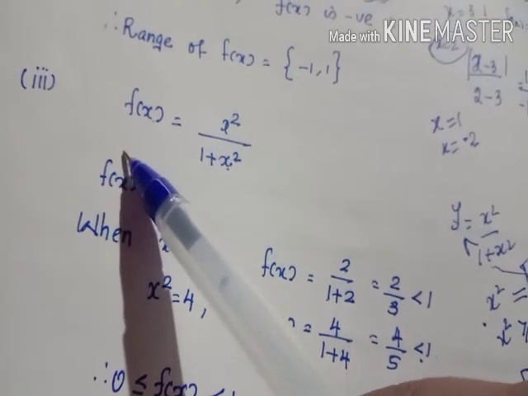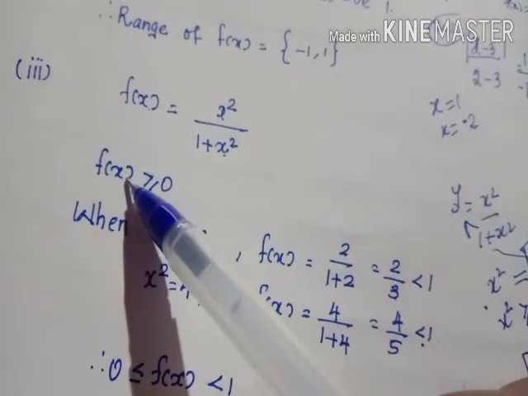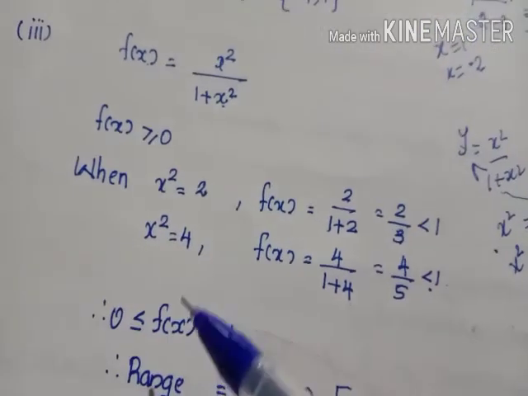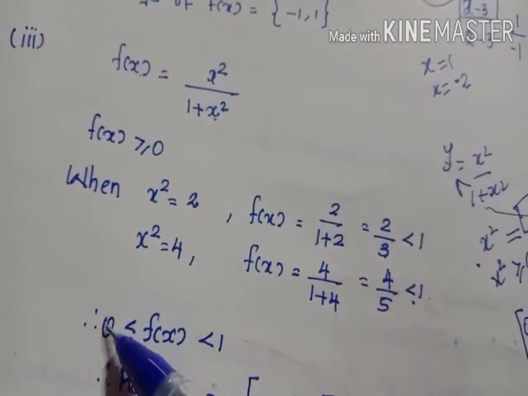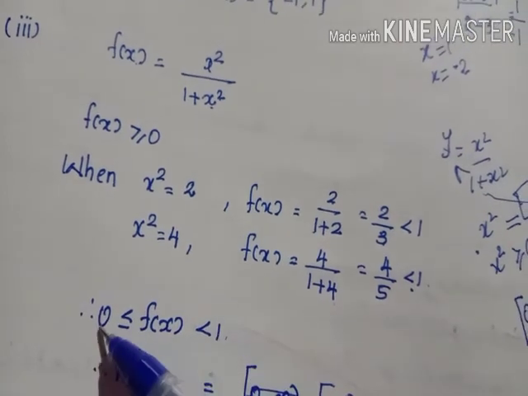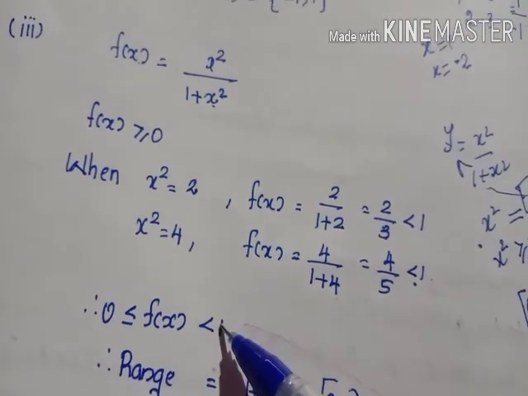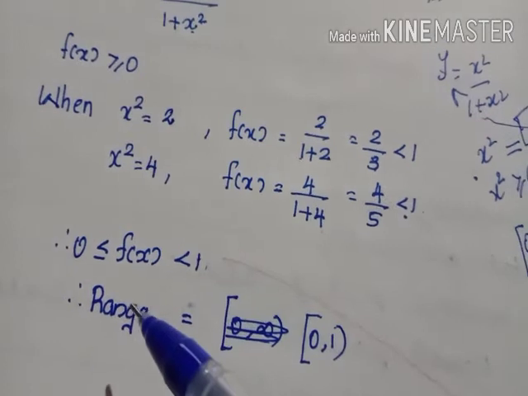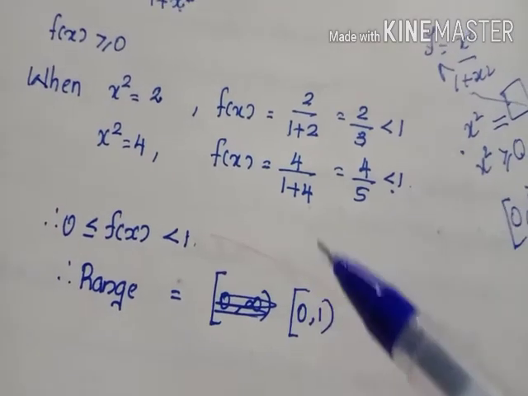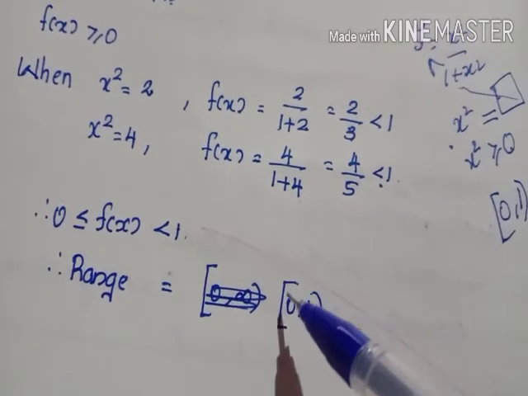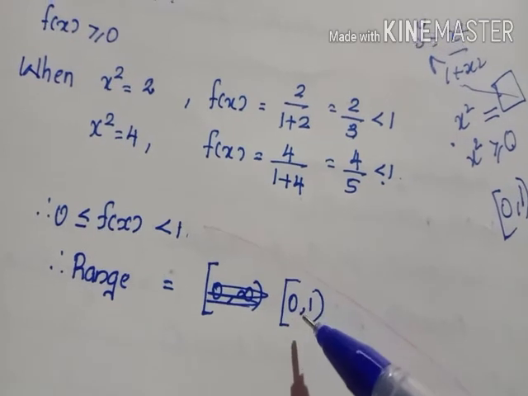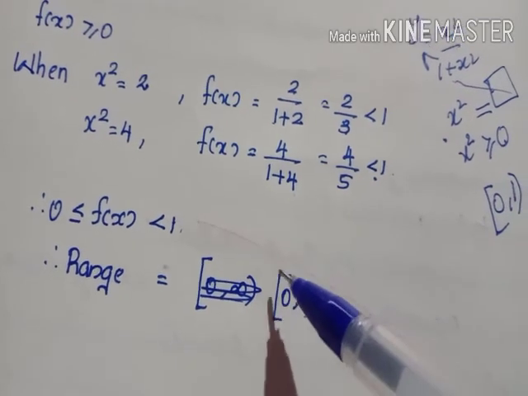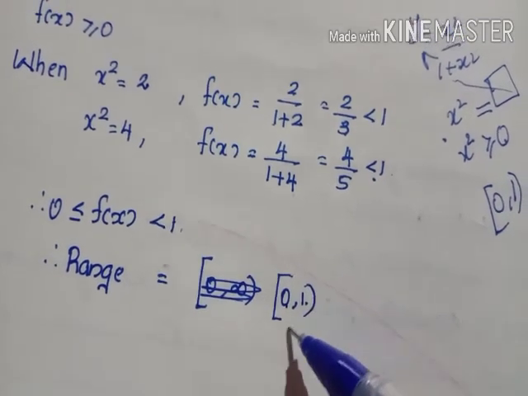We can include the values of f of x between 0 and 1, including 0 and excluding 1, and therefore the range of the given function is the semi-open interval [0, 1), closed at 0 and open at 1.